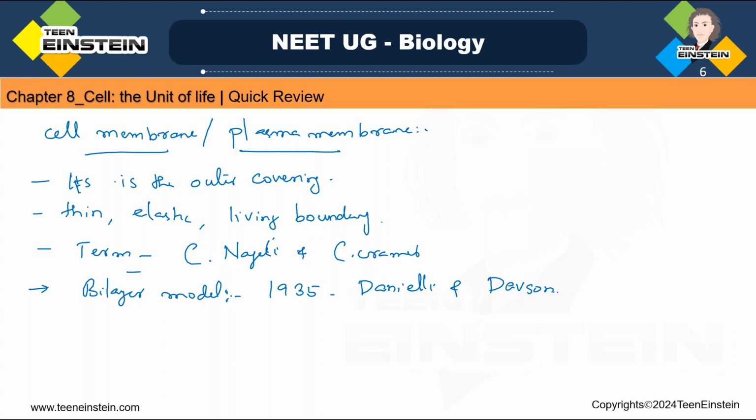As per the Daniel and Davison model, the plasma membrane is made up of 3 layers: a lipid layer sandwiched between 2 layers of protein.